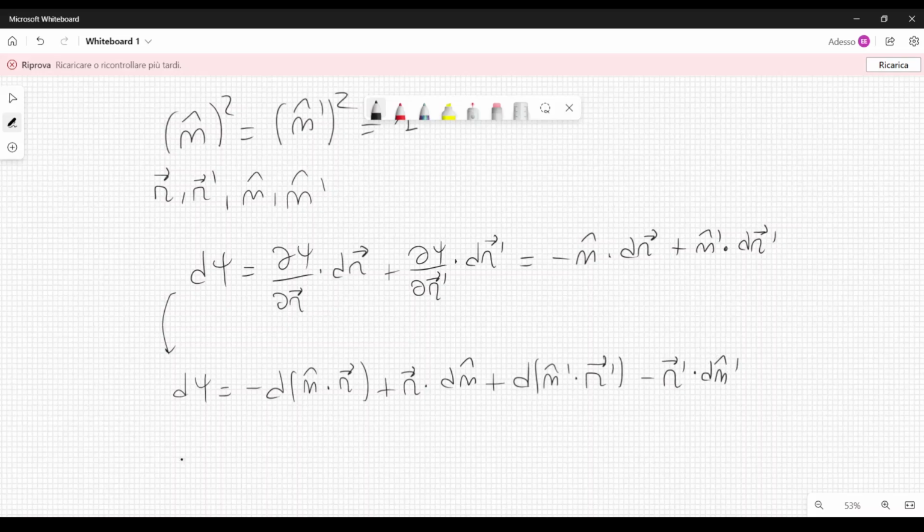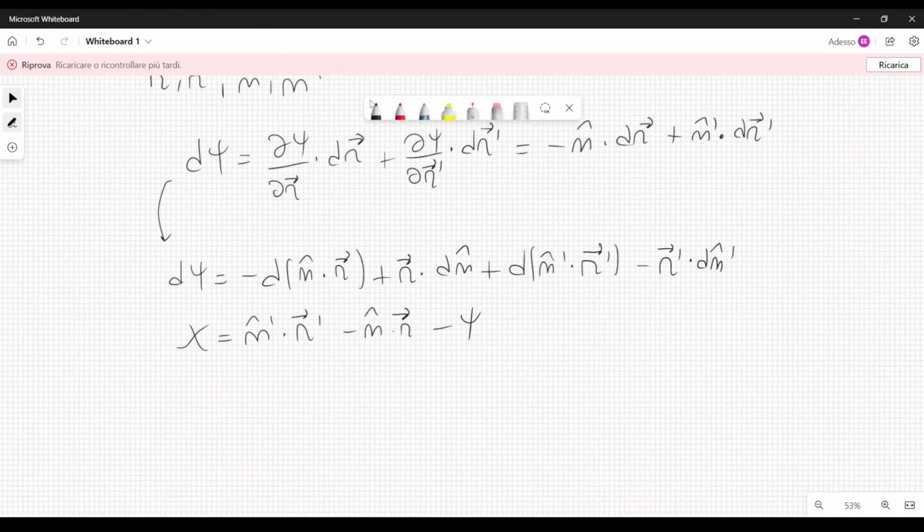And now if we introduce the function chi as n prime dot r prime minus n dot r minus psi, from these two equations we easily get that the differential of chi is equal to minus r dot product dn plus r prime dot product dn prime.